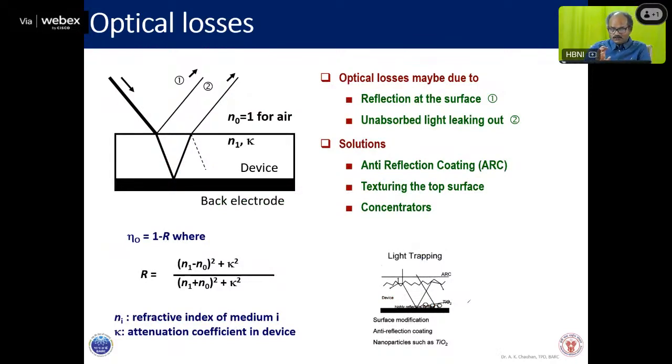Ideally we want all the processes to be ideal, meaning all our light should be absorbed, and the entire light should get converted into electron hole pairs.